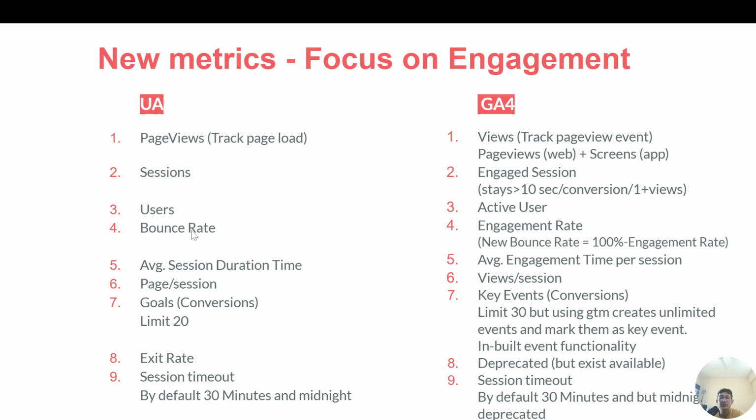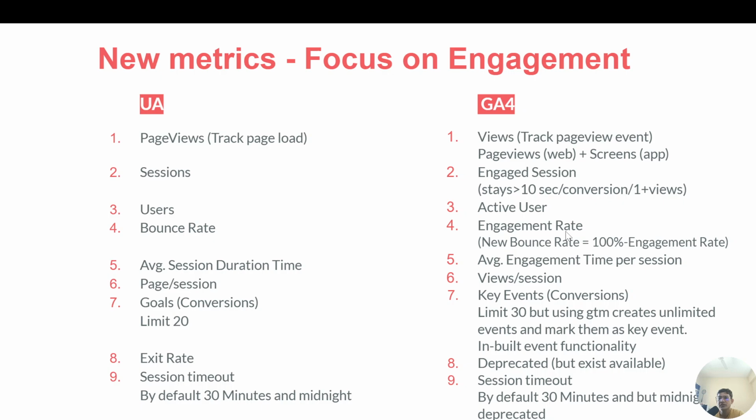in previous Google Analytics, a bounce was when a user did not visit more than one page, and then it was counted in the bounce rate. But here they have changed the bounce rate definition. Now if a user is not engaging, that is counted as a bounce.